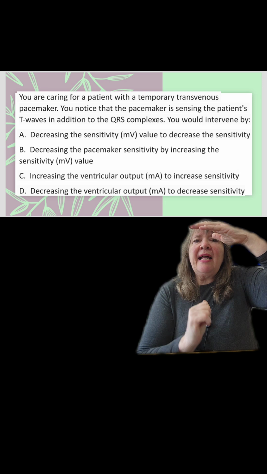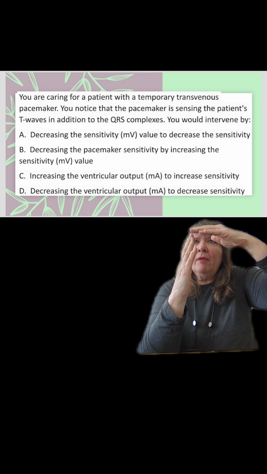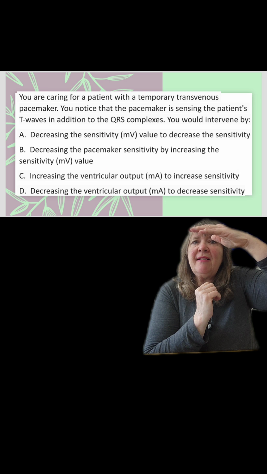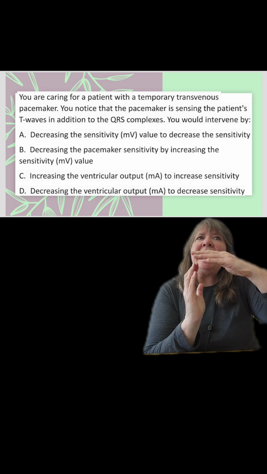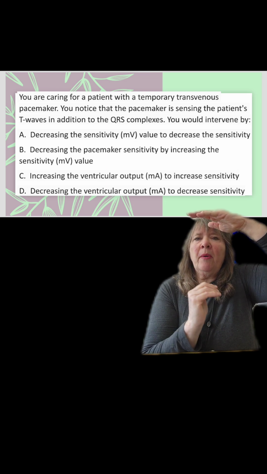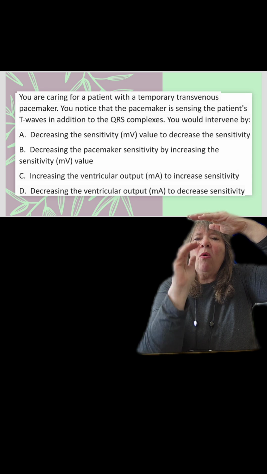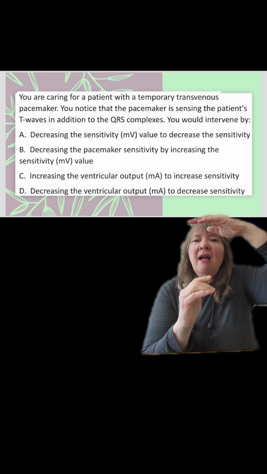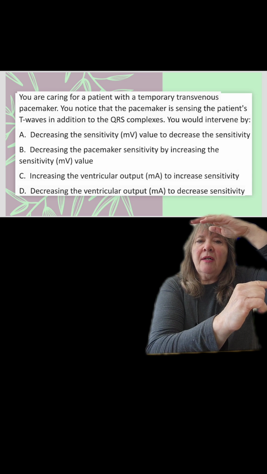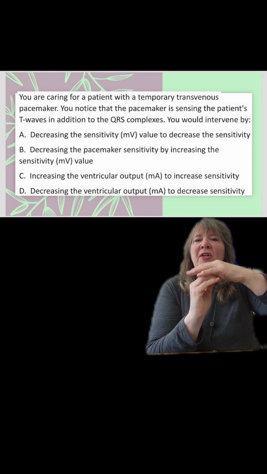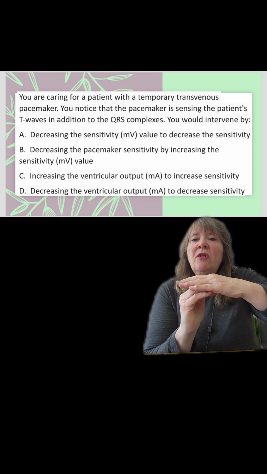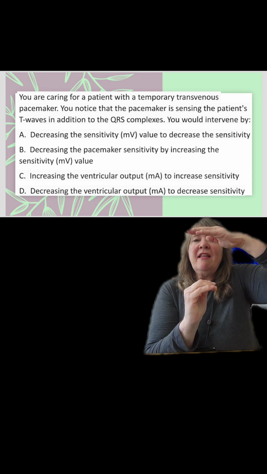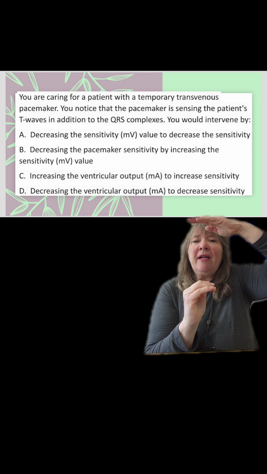Once again, let that fence represent the pacemaker setting for sensitivity. So you want to increase the value on your pacemaker in order to decrease the sensitivity to what's going on next door. And so the answer here is we want to increase the value on the pacemaker.